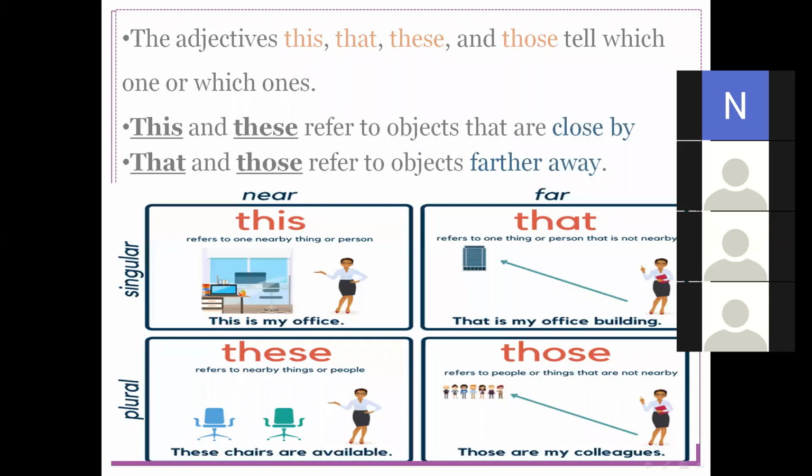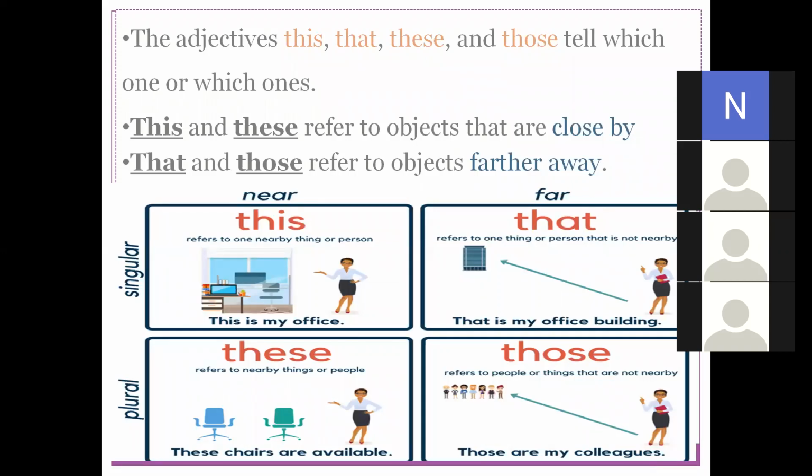Now, if I want to talk about objects that are far from me, when we want to use the singular, if something is far and I'm talking about only one thing, I will use that. That is my office building. Or you can look now inside your room, choose any singular object and refer to this object with that.